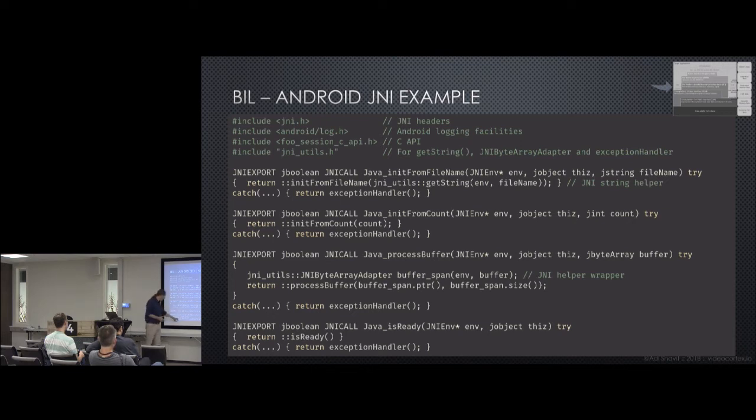Another interesting thing here, you can see with the function try blocks, I'm actually returning something called exception handler, which is a special class that I wrote, which handles the exceptions for all of these functions similarly. In fact, what it does is catch the C++ exception, create a Java exception on the JVM, copy the information into that Java exception, and then propagate the exception in Java.